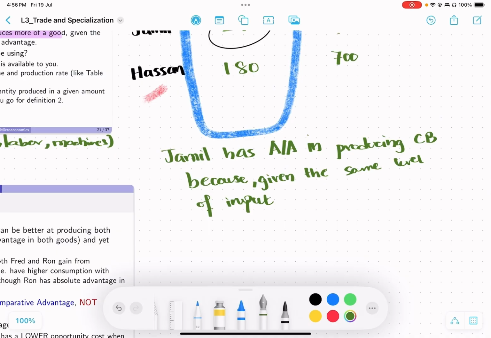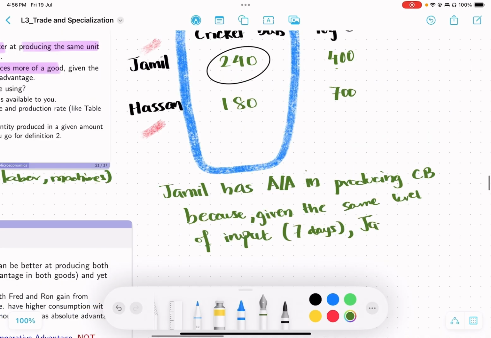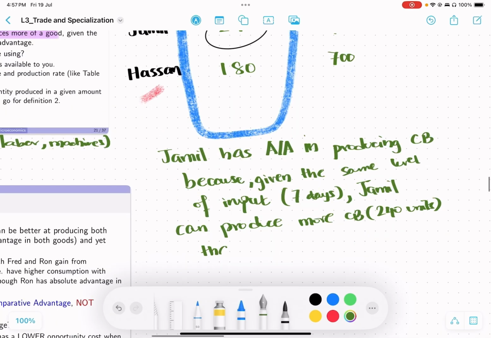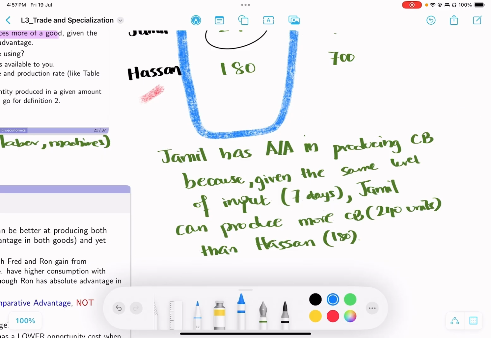Having the same level of input, which is 7 days, Jamil can produce more cricket bats, that is 240 units, than Hassan, who produces 180. So that is about who has absolute advantage in producing cricket bats.